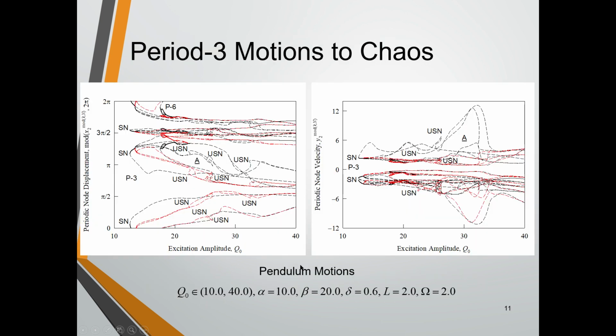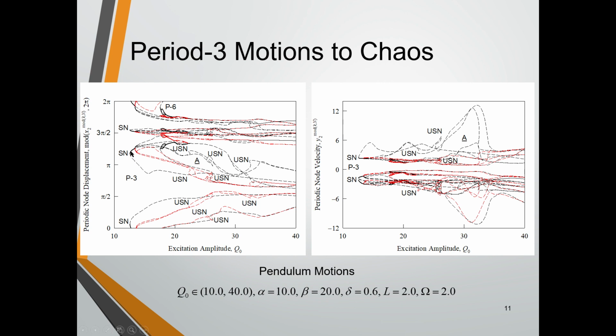Now let's look at some predicted bifurcation trees for periodic motions. So this is a period 3 motions bifurcation tree. As you can see, this bifurcation tree is quite complicated.